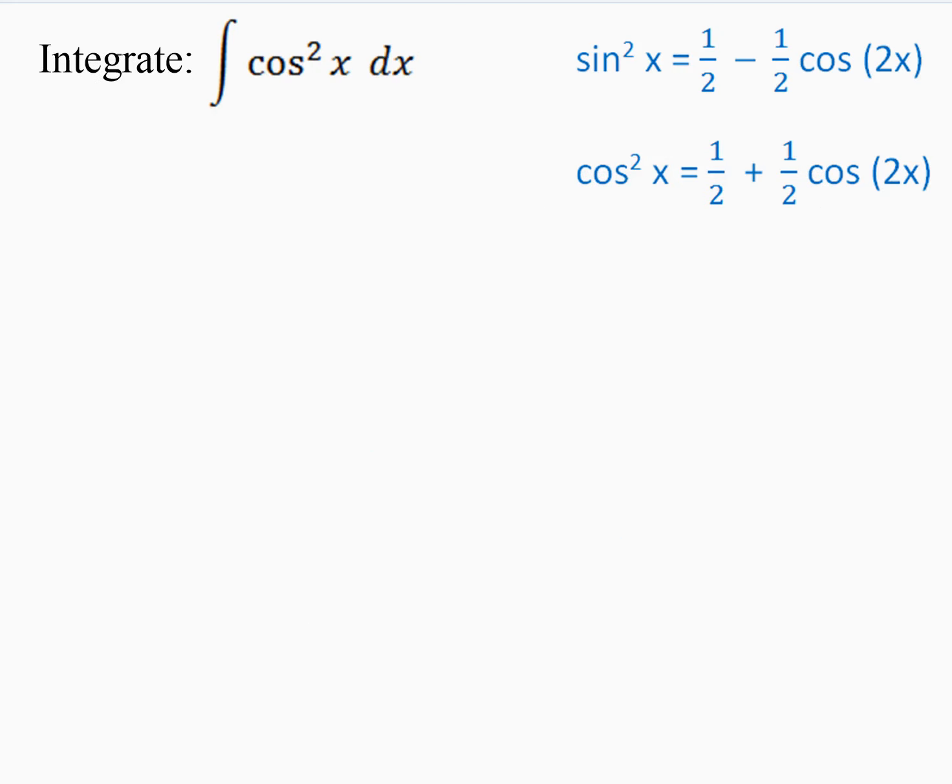So coming to our first example, we're going to integrate cosine squared x dx. And we're going to start off by making this substitution. We're going to take the cosine squared x out and put in 1/2 plus 1/2 cosine of 2x.